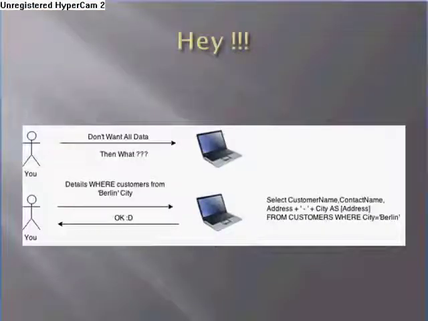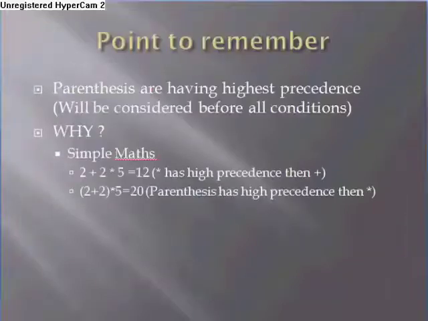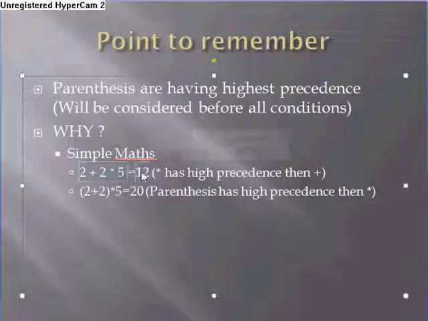Okay, so what we have covered till now is WHERE, and a few operators like OR, AND, LIKE and IN. Other than that, remember that parentheses have the highest precedence and are considered before all other conditions. Why? Because it is a simple BODMAS rule. Suppose you have this mathematical expression, it will give you output 12, but if you have this parenthesis, it will resolve this summation first, then multiply with 5, and this will give you output 20.